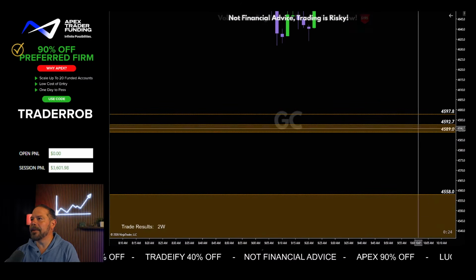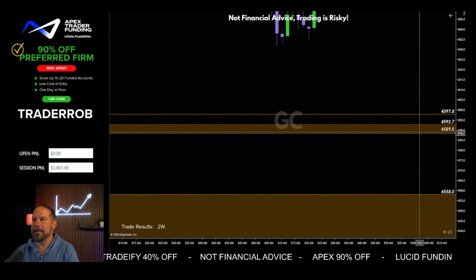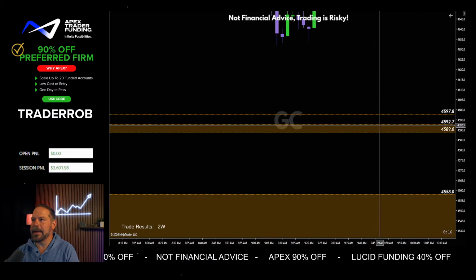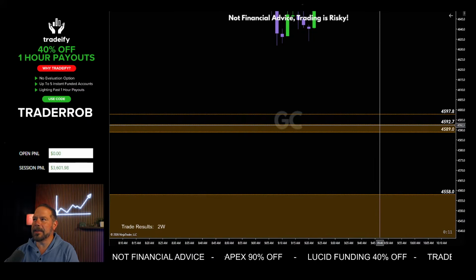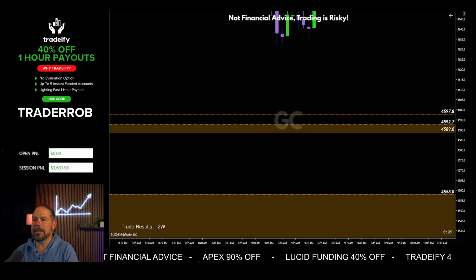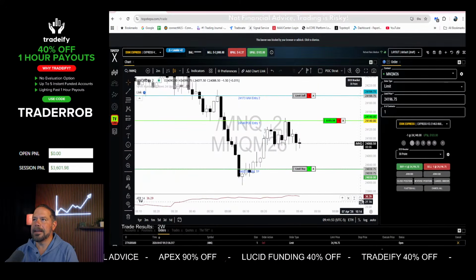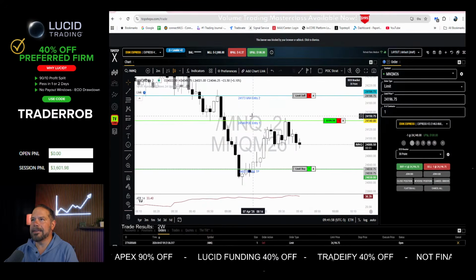So a setup like this on gold, it's so easy for me to take, and I just set them up on Top Step X because with Apex you can't trade it, and instead of having different groups specifically that can trade gold, I usually use this platform to take all of my gold trades. And then for these setups here, these are pretty mechanical, so they're easier.